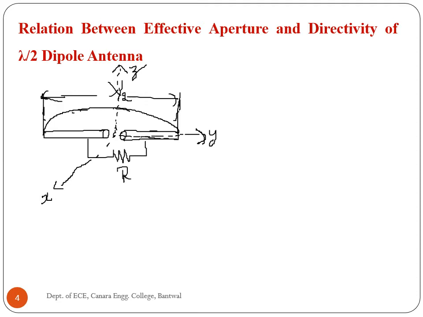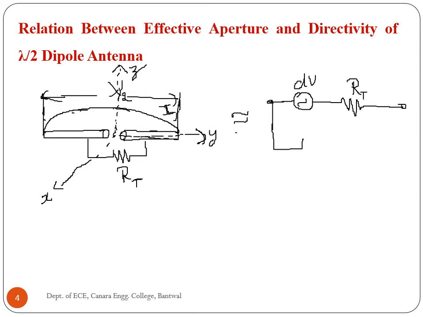Resistor in the antenna RT and current I. Equivalent circuit is dV, small change in voltage, and this is A.